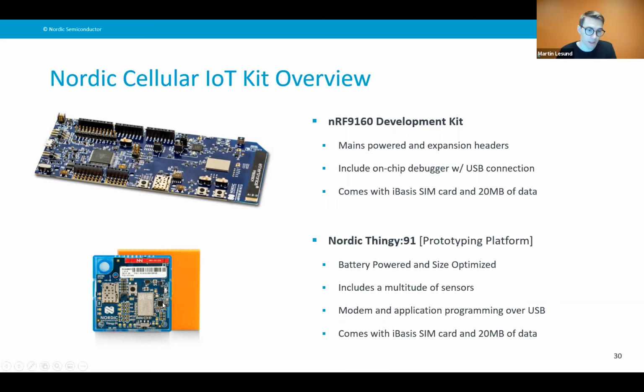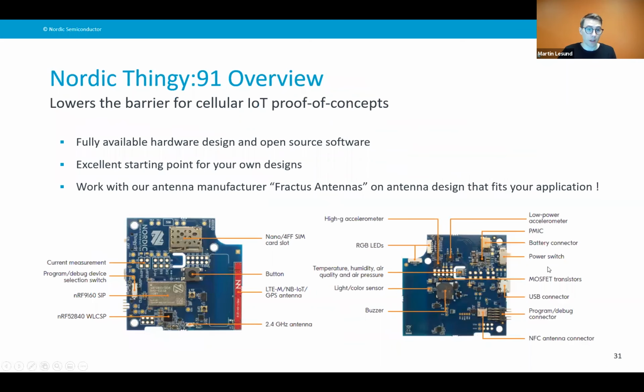However, this one also has a 52840, so you could maybe use it as a gateway application if you want to, but mainly it's just used as a board controller for the Thingy 91. And also you can have modem and application programming over the USB here. It comes with an iBasis SIM as well, and 20 megabytes of data for free.